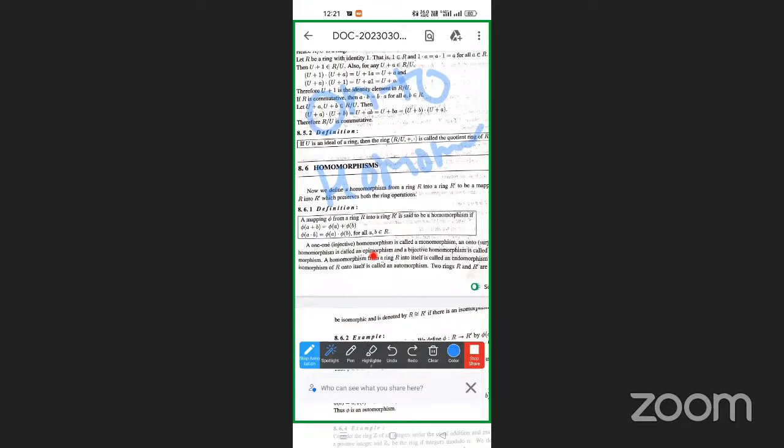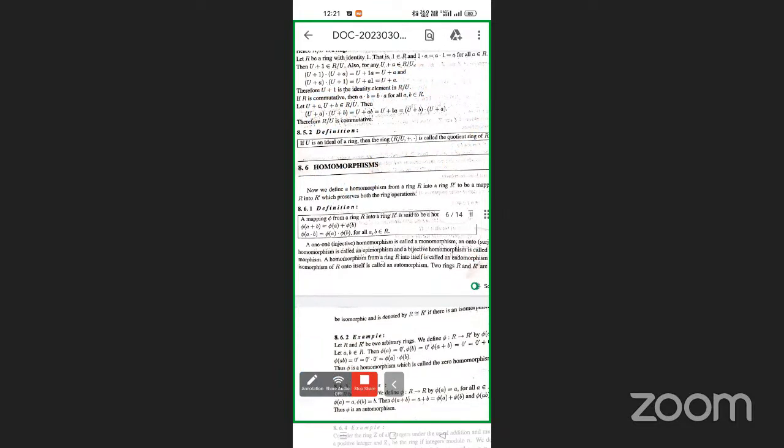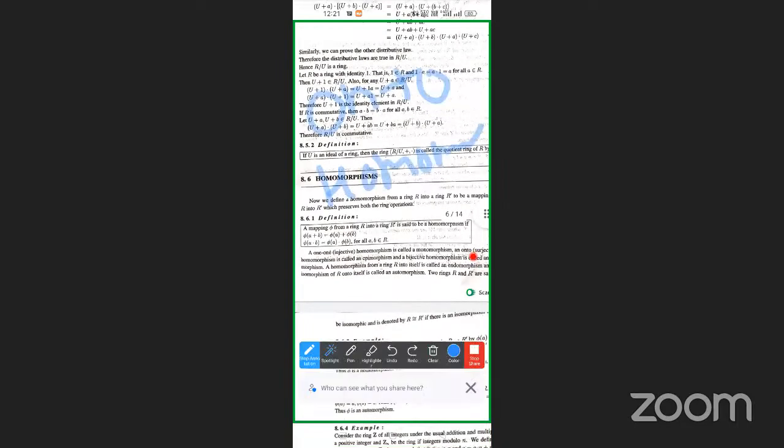And a bijective homomorphism is called isomorphism. Bijective is nothing but one-one and onto.